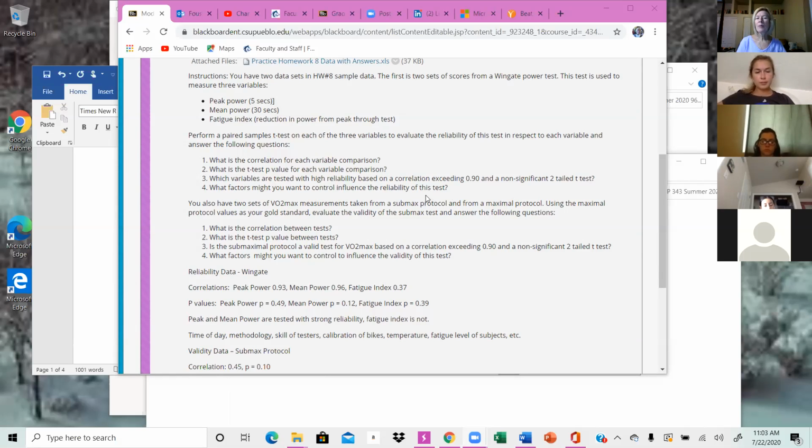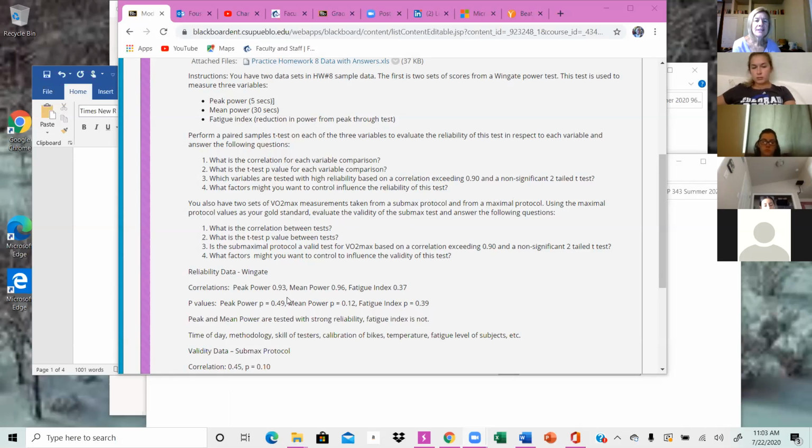So I'm going to compare that with an easier protocol, the submax protocol, okay, and we're going to be using these to figure out whether the submax protocol is as good as the gold standard, the max protocol. Okay, so we'll be looking at the correlation between the 2 tests.